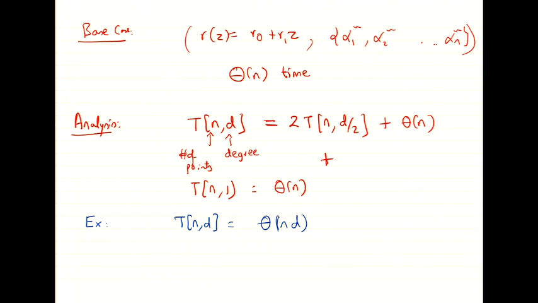The naive algorithm takes d time to evaluate a degree d polynomial at 1 point, so for n points it takes n times d time. This also gives n times d. But we'll see how to modify this algorithm a little bit, and it will give us the required runtime.